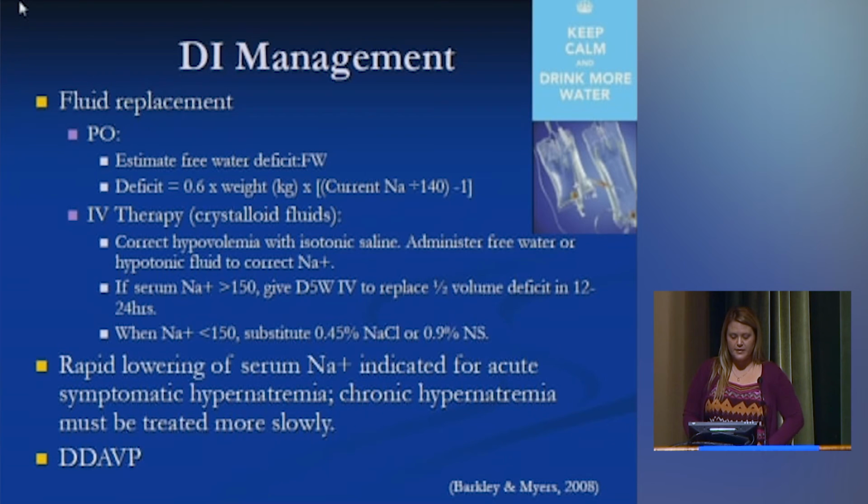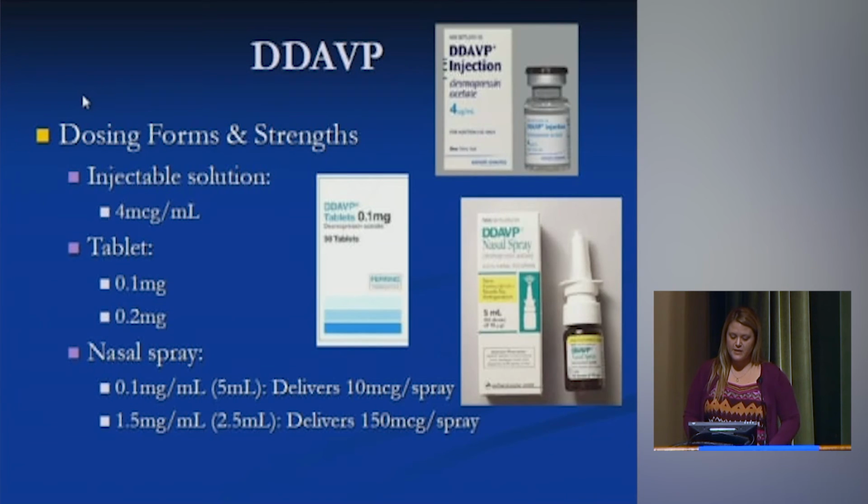And in the cases where patients are dumping liters and liters at a time, the whole 'we can't correct it too quickly' kind of goes out the window, because you have to replace that volume. The more you lose, the sicker they're going to get, and you're going to deal with other things such as hypotension and potentially more ominous things. And then DDAVP, which is essentially desmopressin or the synthetic ADH, you're going to replace that.